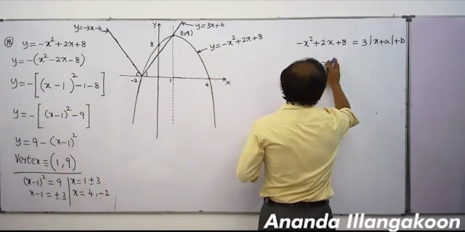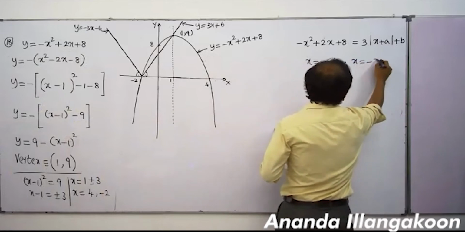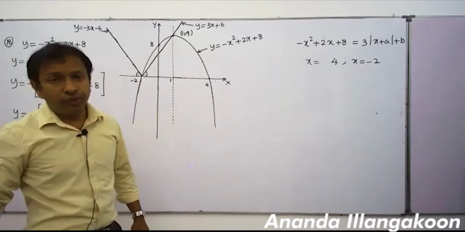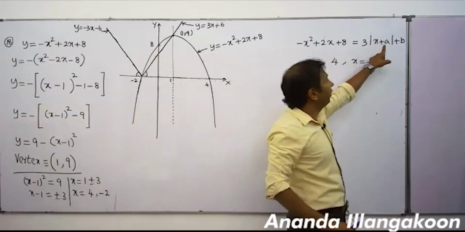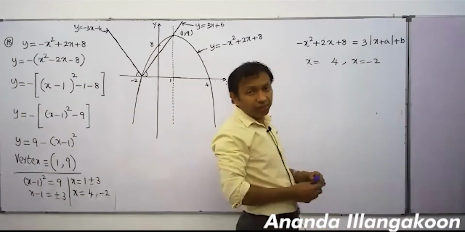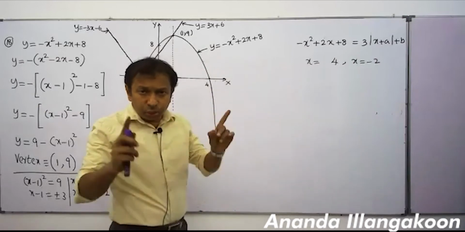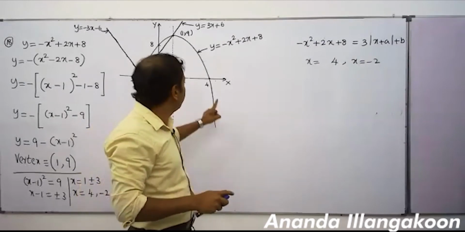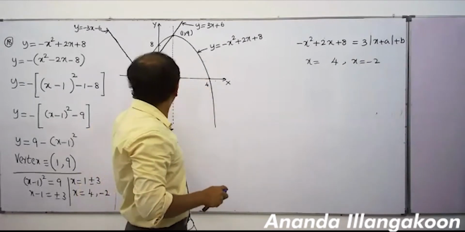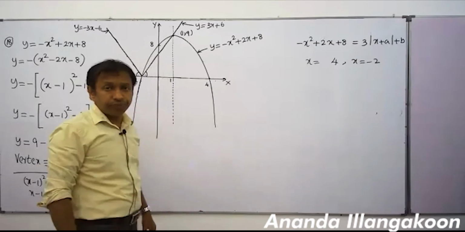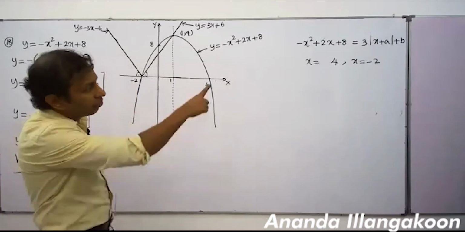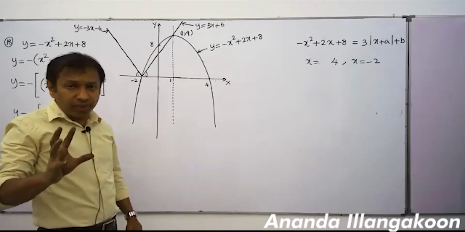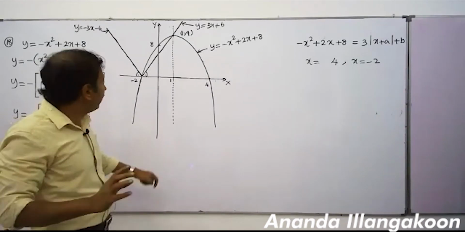What do you understand by that? If we draw this graph and this graph both in the same diagram, the two graphs must intersect at x coordinate 4 and minus 2. Then we have to determine the values of A and B, and they should be determined by using this part.